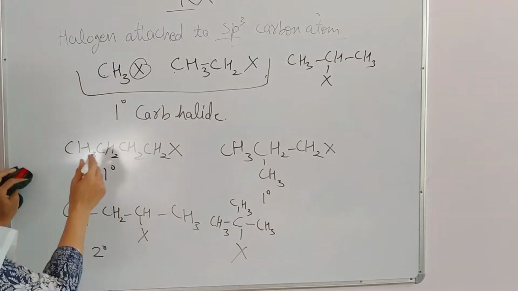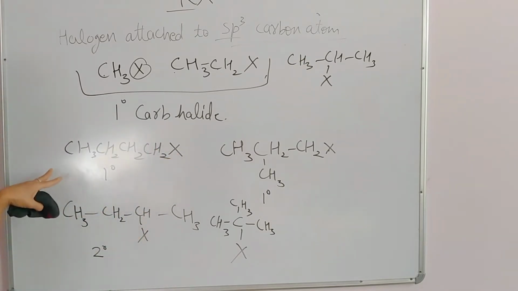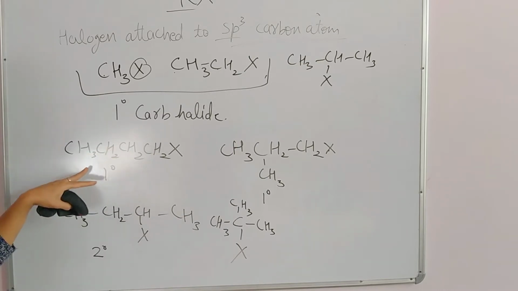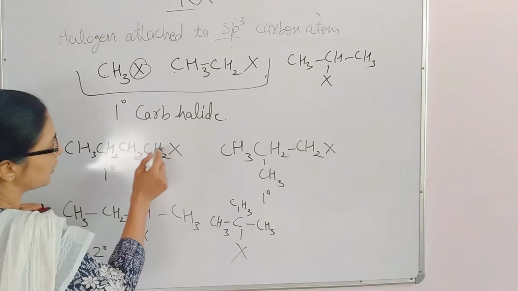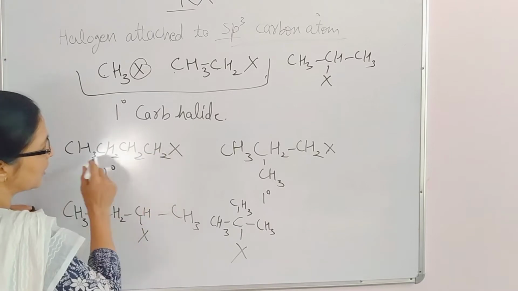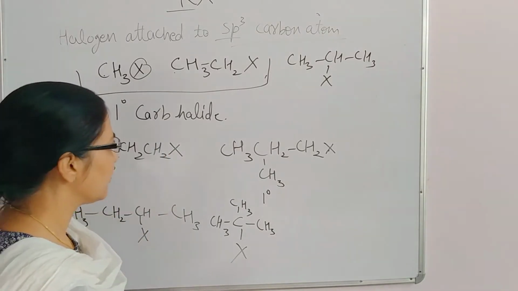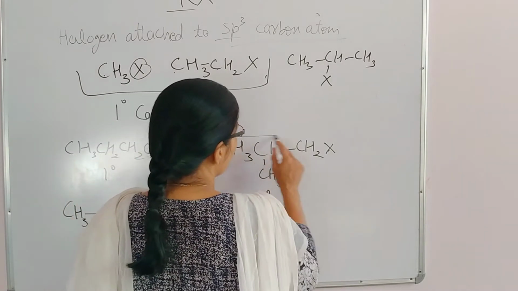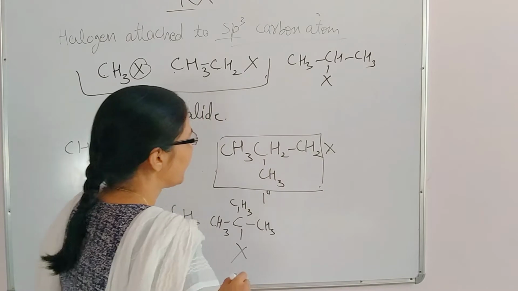So here, you know its IUPAC name is halobutane. But the common naming is quite popular, normal haloalkane. If chlorine is there, then normal butyl chloride. Okay, normal butyl group. It is known as isobutyl halide.